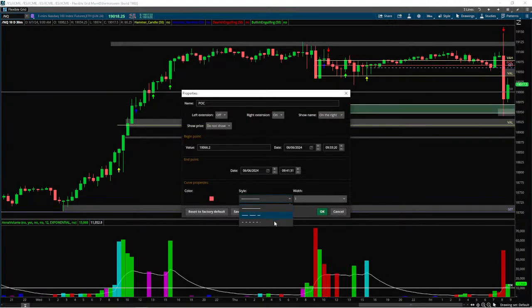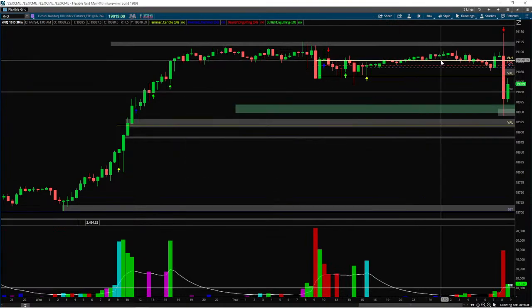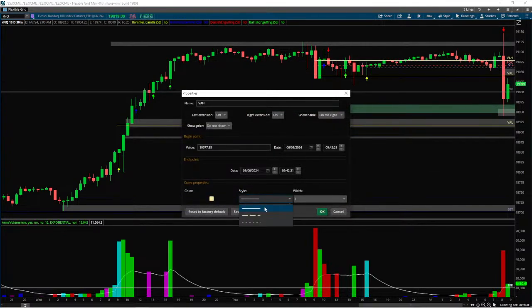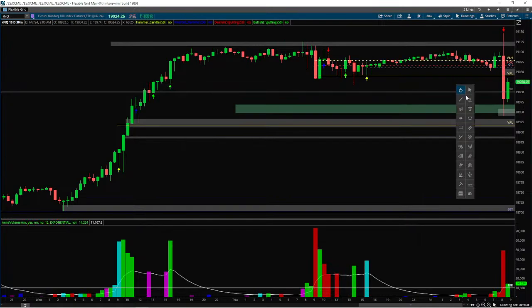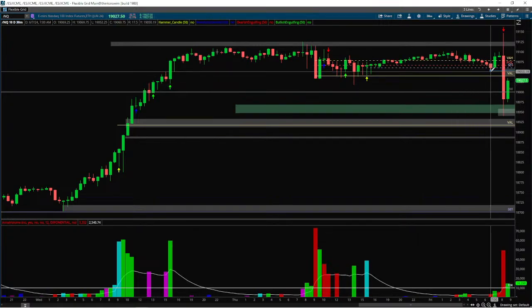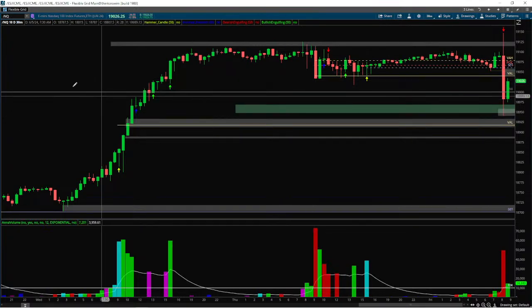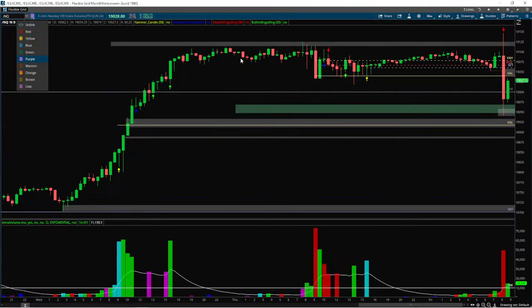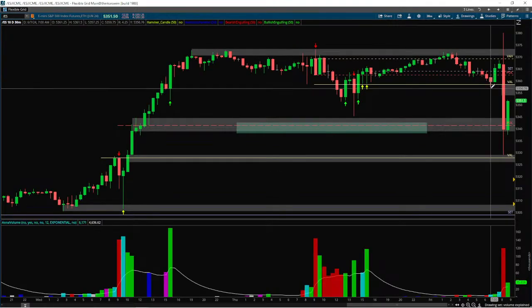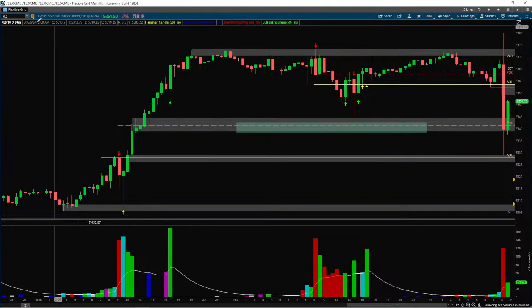We crush that one. We crush this one. Let me add this line here because both ES and NQ have a line just like that. All right, yeah.